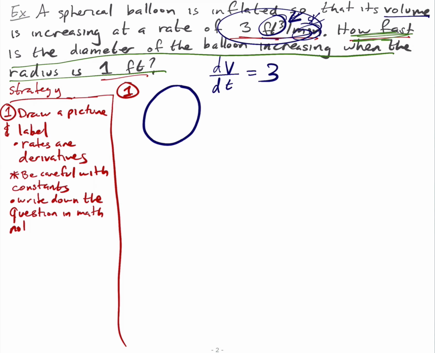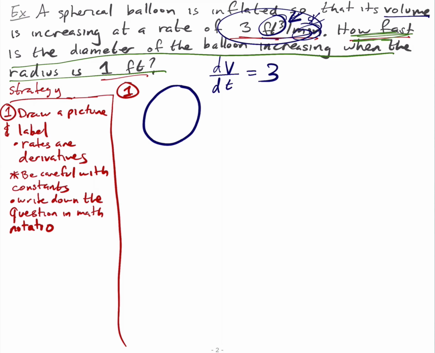This is very important. If you don't do this step, the writing down the question, you can end up spinning your wheels trying to figure out, just calculating all kinds of stuff, going this way and that way and who knows where. And you'll never really get to where you're trying to go. So writing down the question solidifies what you're looking for, and that'll allow you to make good decisions going forward.